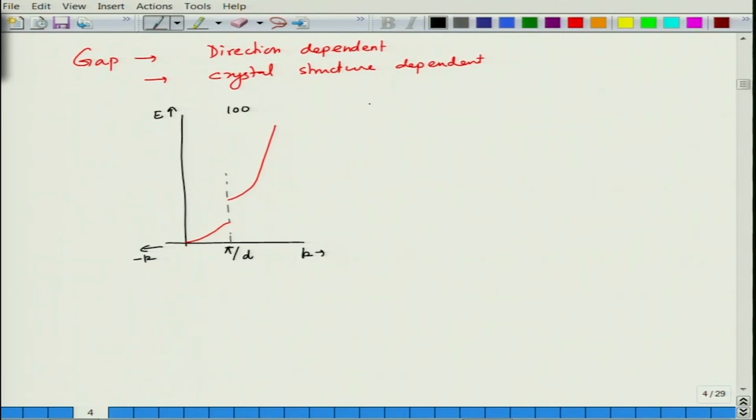Okay. If you look at the same for, so this is k, E, if you look at now the 110 direction, for the 110 direction it may be different. For 110 the effective gap is at a different place.